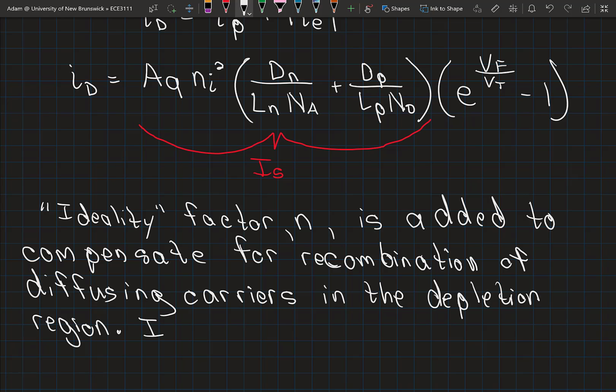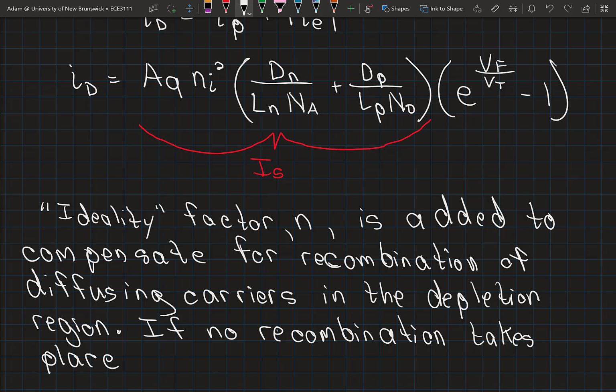If we were to assume that no recombination occurs, that's when we set n equal to 1, and the expression becomes exactly what we have derived above. Okay, so a bit of work to derive that diode current of a forward bias diode, but I think it's interesting to see the origin of that current.